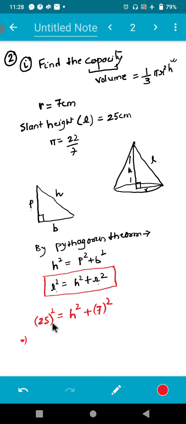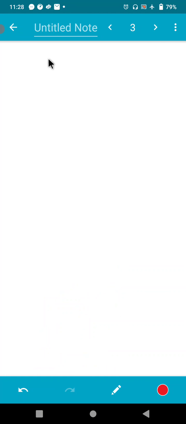Now the square of 25 is 625, equals H square plus 7 square, which is 49. Now we'll transpose this 49 towards the left hand side. So it will look like 625 minus 49 is equal to H square. So we'll solve this. Let's go to the next page. So it would be 576 equals H square.